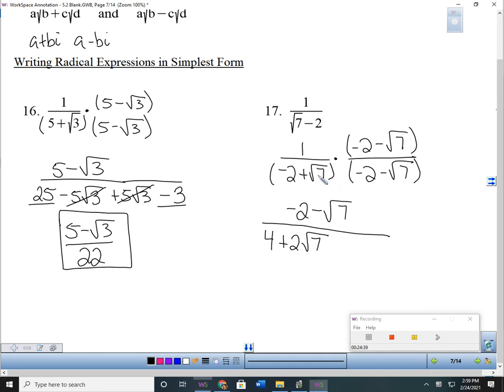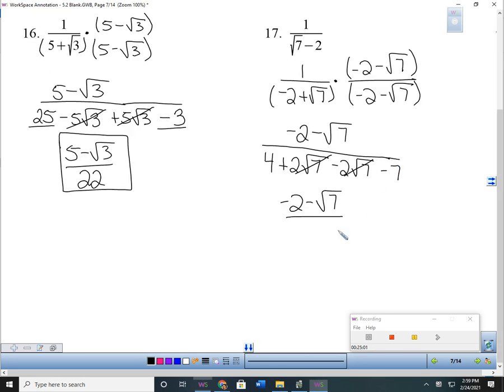Square root of 7 times negative 2 is negative 2 square root of 7. See how we have the opposite signs right there? That's what we want. And the square root of 7 times a negative square root of 7 is negative 7. So on top, we have negative 2 minus the square root of 7. On the bottom, the two middle ones cancel, and 4 and -7 add together to make -3.